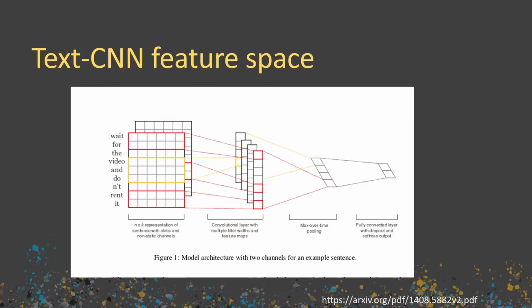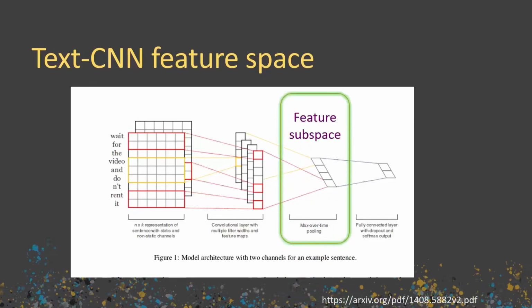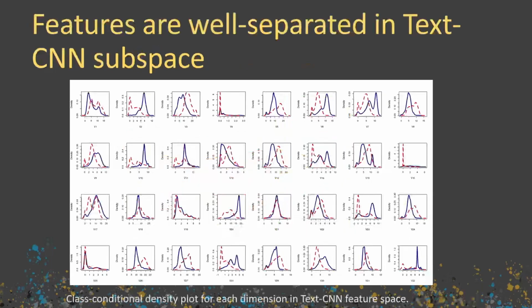And what do we mean by the feature space? Here, we're considering the layer before the fully connected layer as the feature space, where we are extracting the representation in this layer. Because of the prior superior performance of text CNN, we want to retrain the other classifiers.